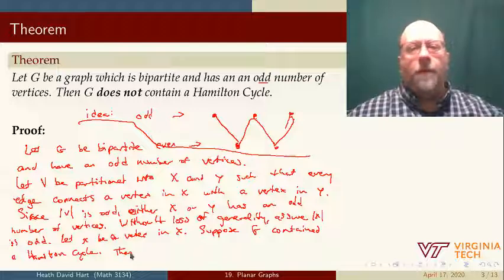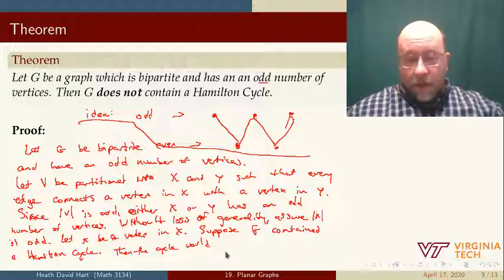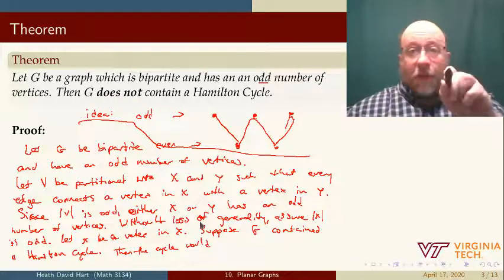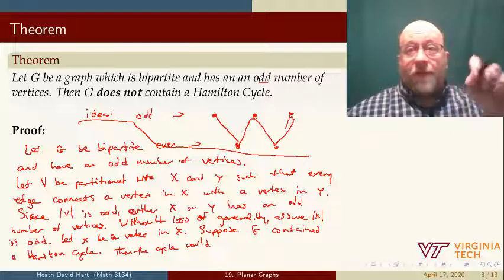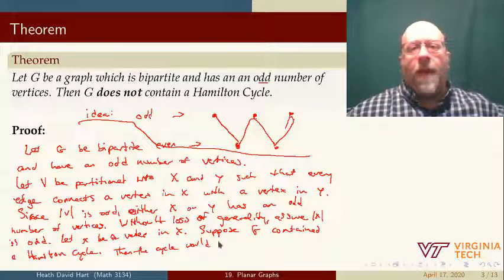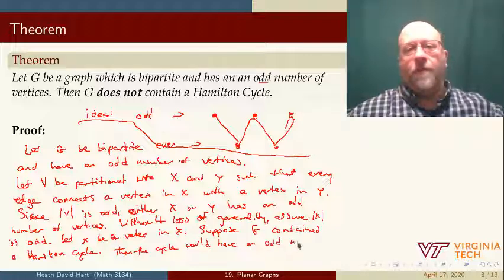Then the cycle would, because it's a cycle that goes through all the vertices, we can choose any vertex in the cycle to be a starting point, would have an odd number of edges, starting at x and ending at x.